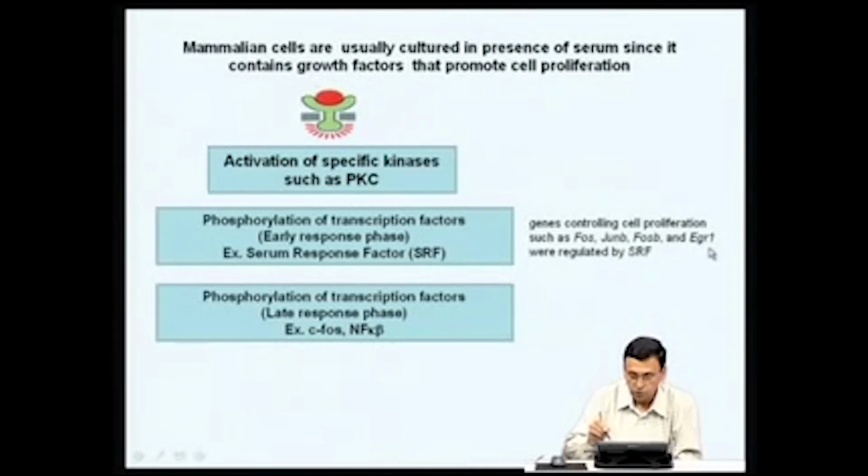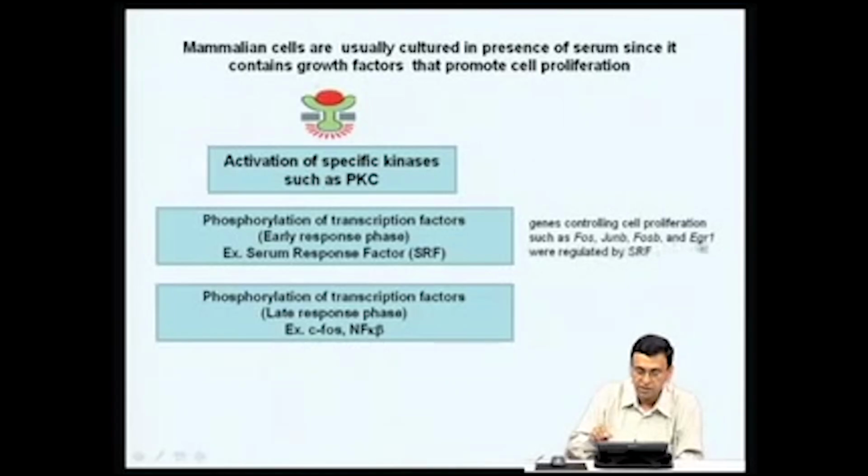So, all these genes, known as the immediate early genes, contain response elements for the serum response factor in their promoters. As soon as SRF is phosphorylated by protein kinase C, the phosphorylated SRF goes and binds to the serum response elements of these genes and activates their expression, and as a result all these proteins are made.